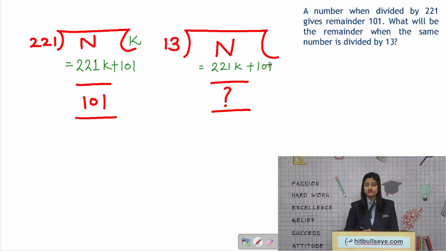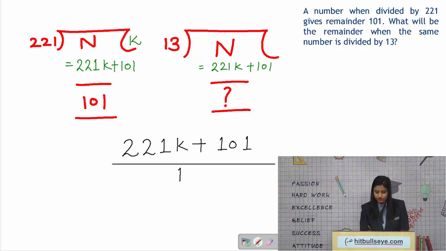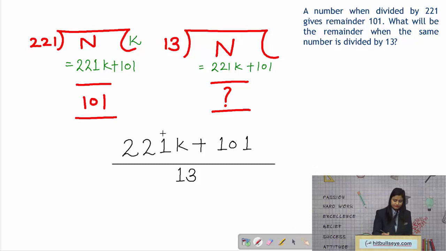Now the same number is divided by 13. But we don't know the value of k. Is it required? No, this is not required here. Why so? Let us see. Our number is 221k plus 101 and we want to divide it by 13. As we know that this 221 can be written as 13 into 17.